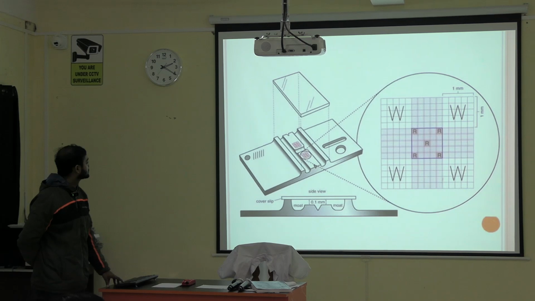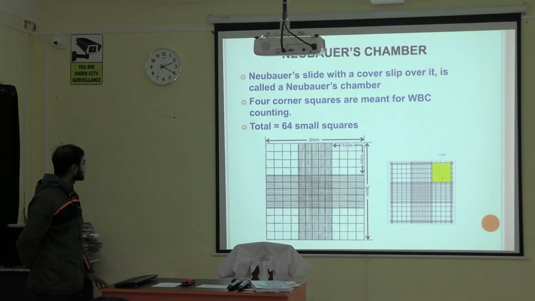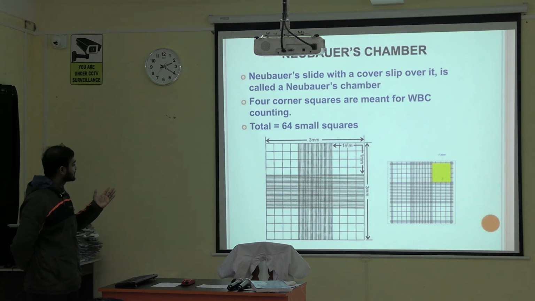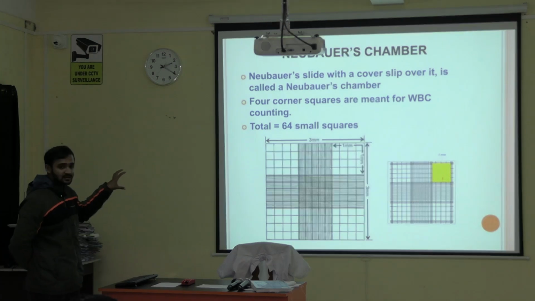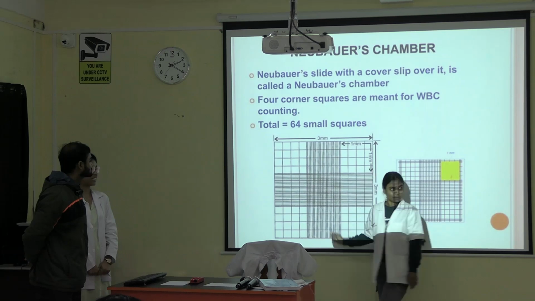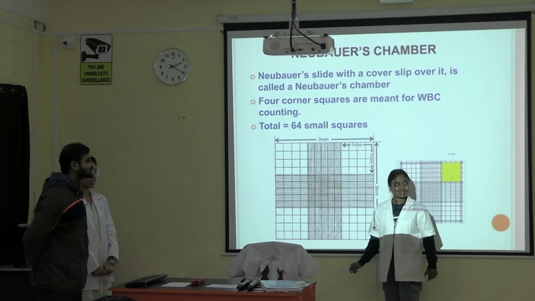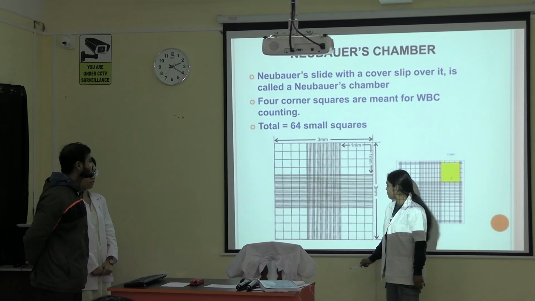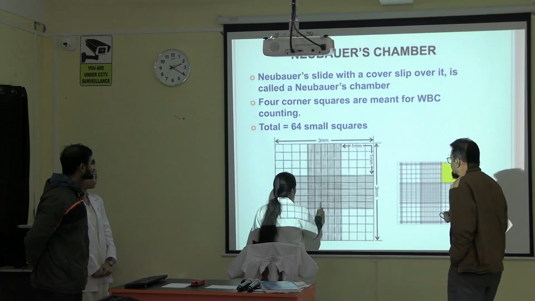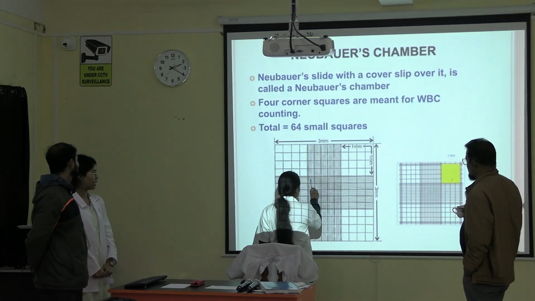And now this is important. Actually, this is the slide. In the last class on RBCs we focused on the central square. Which square is the central square? The central square which we focused on was for RBC counting. Which 5 boxes do we actually count for RBC? It's the center, then the corners.